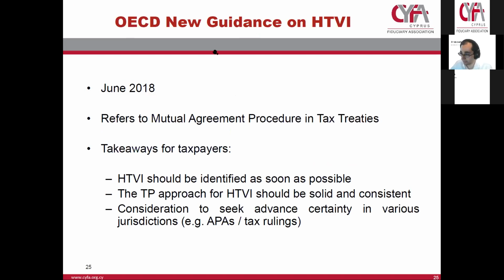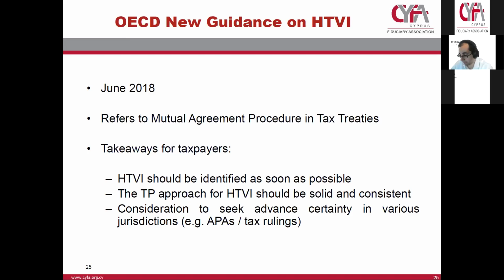The OECD has provided additional guidance on how to value intangibles in June 2018. The guidance refers to the mutual agreement procedure in tax treaties, so it makes that reference in order to settle some of the problems that may arise as a result of hard to value intangibles. Some of the takeaways of the guidance is that taxpayers should look to identify hard to value intangibles as soon as possible, and the TP approach for hard to value intangibles should be solid and consistent.